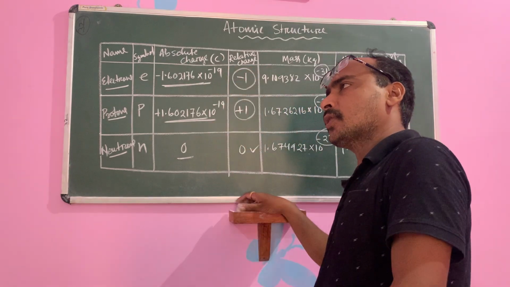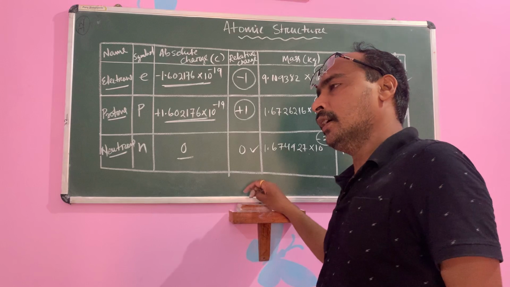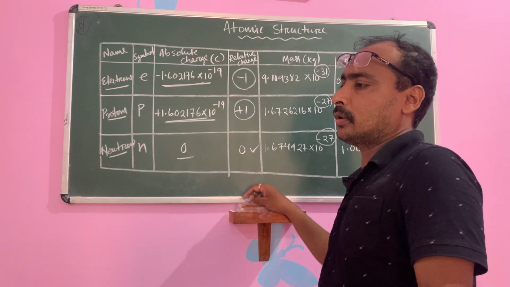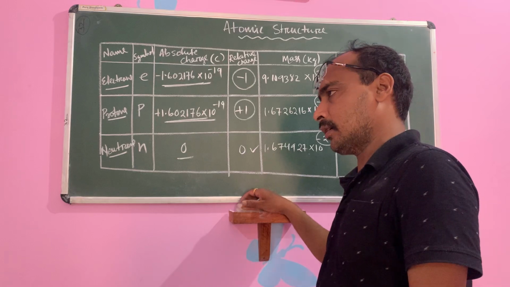It was given by J.J. Thomson. Then that model failed as it had no practical basis.